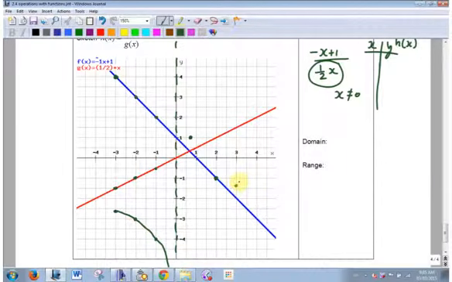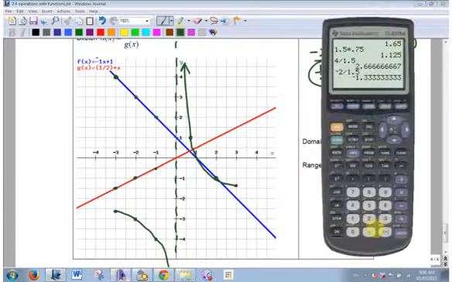Got an idea what this looks like? You can see it. You have the vision. What happens as I get closer and closer to this guy, do you think? Let's do another point over here. Negative 3 divided by 2 is like negative 1.5.